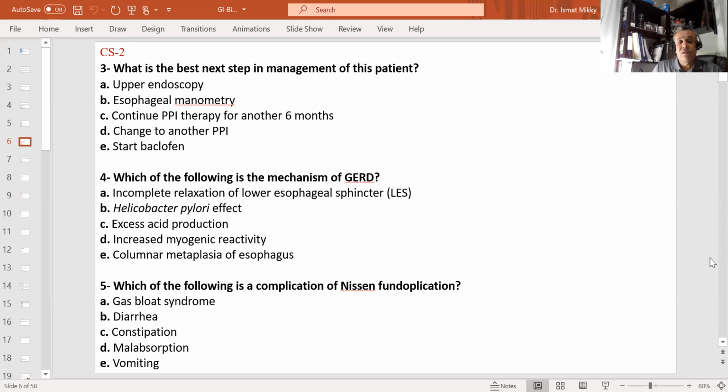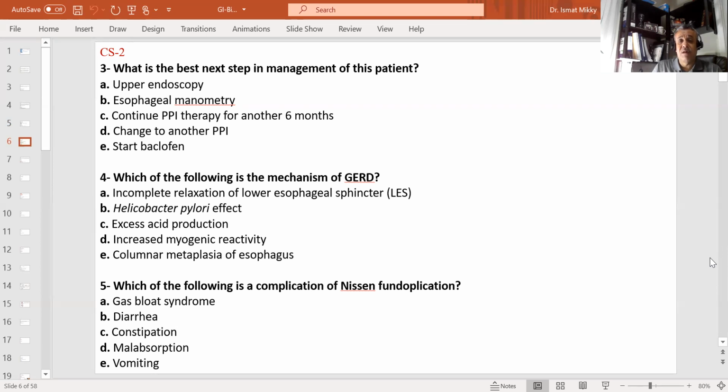So the anti-reflux surgery, when we say anti-reflux surgery, is the optimal surgical intervention when the medical treatment failed to treat the patient's GERD disease.